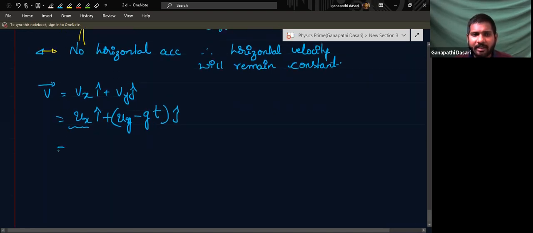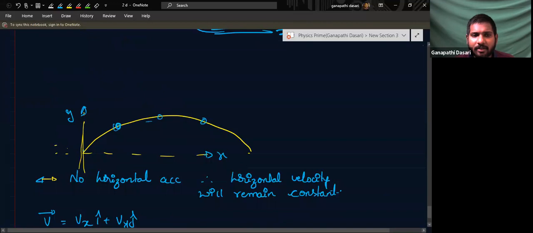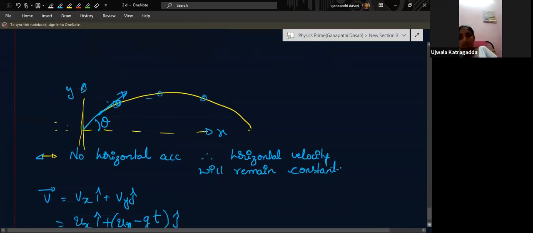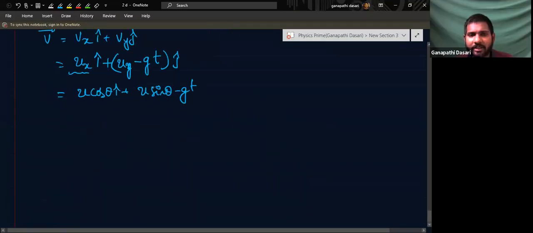This can be written in a more simplified manner, if theta is given like this: u cos theta into i cap plus (u sin theta minus gt) j cap.